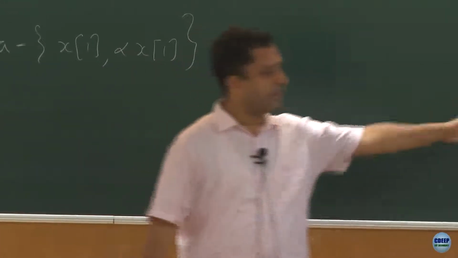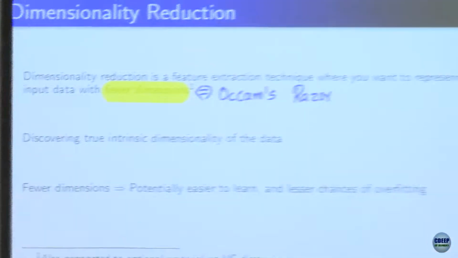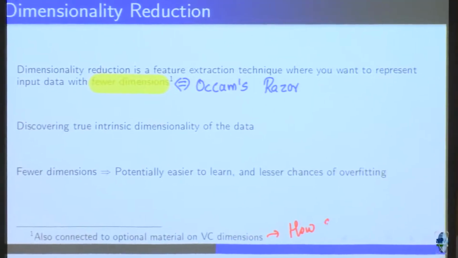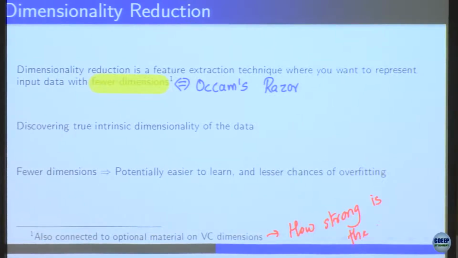Again, it will be a digression, but VC dimension for the time being is basically how strong is the classifier, a space of classifier models. Okay. So basically by reducing dimensions, making the data more compact, we are trying to befriend even simple classifiers.